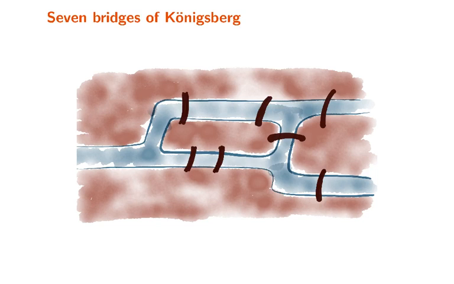So let's call this part A, this part of the island B, this part of the land here C, and D, this part of the land here.